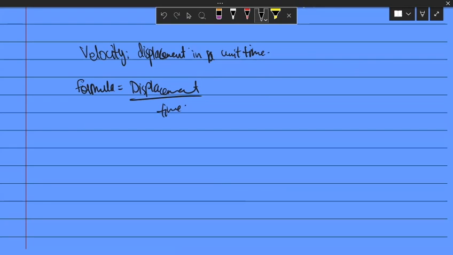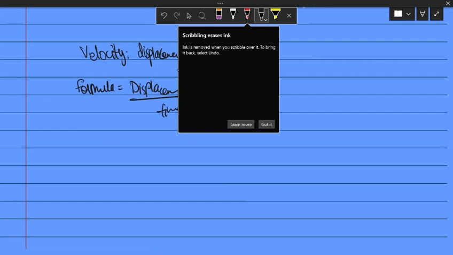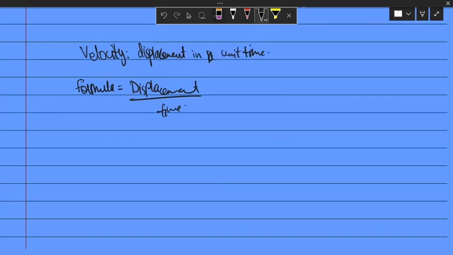So for example, let's draw a straight line. So basically, it's a straight line. Okay?